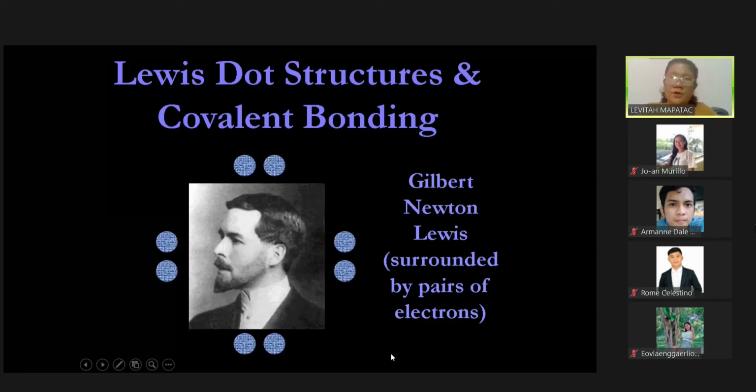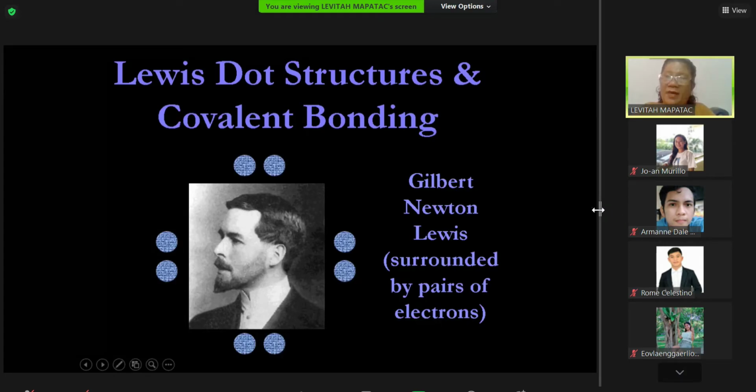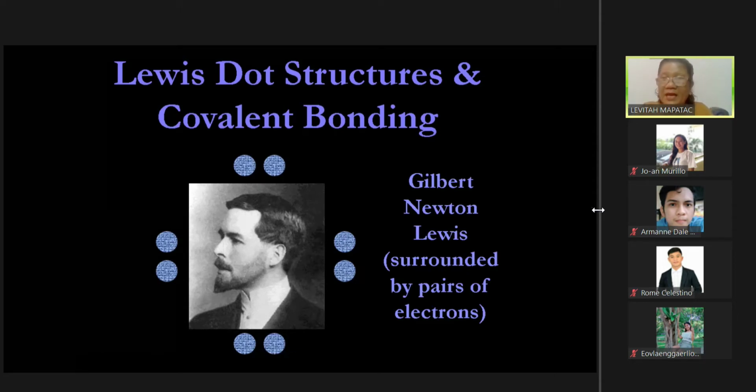Okay. So as I have said, we had already discussed what is Lewis dot structure, how it is being represented, meaning the groups in every element. What happened there is that the group is equivalent to the outermost shell electrons. Group 1A, meaning all of that has an S1.